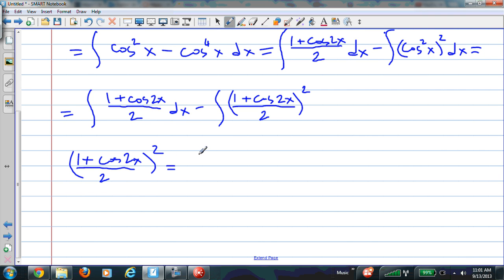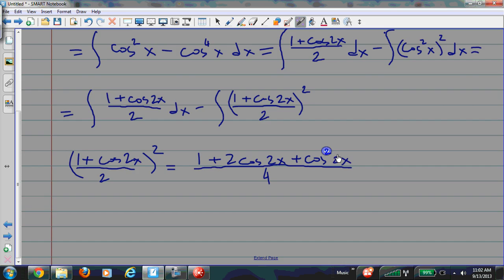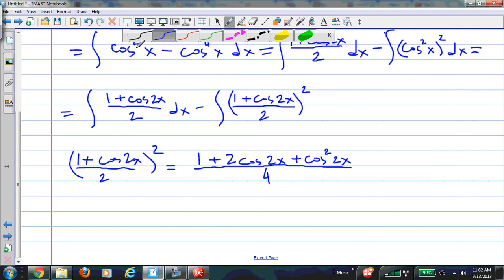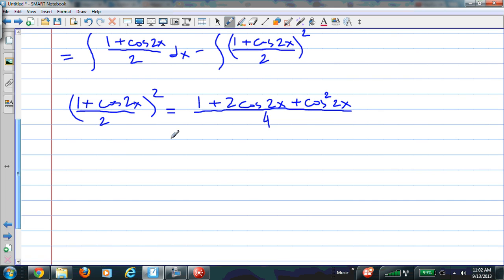If I square that, it equals 1 plus 2 cosine of 2x plus cosine squared of 2x, all over 4. I have another problem. I have another power of 2, so I need to use the power reducing formula again. I'll show you how that's done.